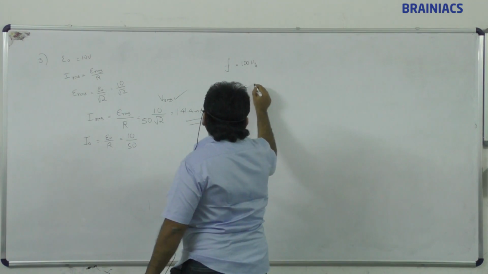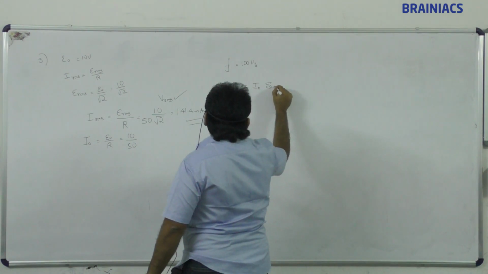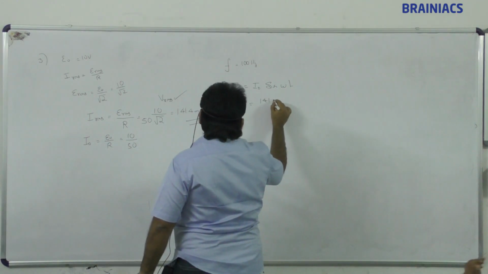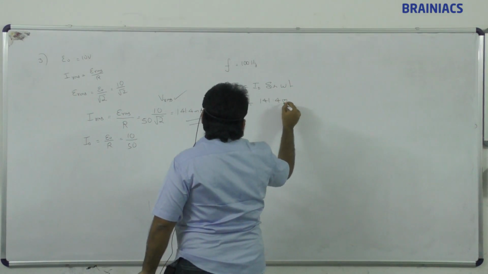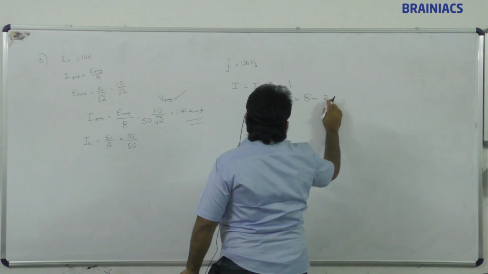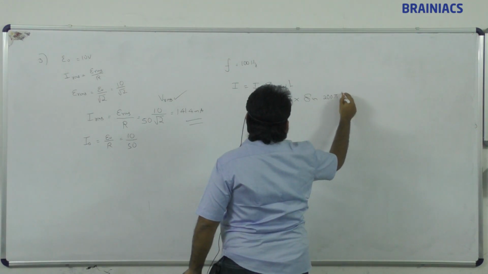So I is equal to I naught sine omega t. I naught we have 141.4 milliampere into sine 2 pi f, so this is going to be 200 pi t. Correct or what?